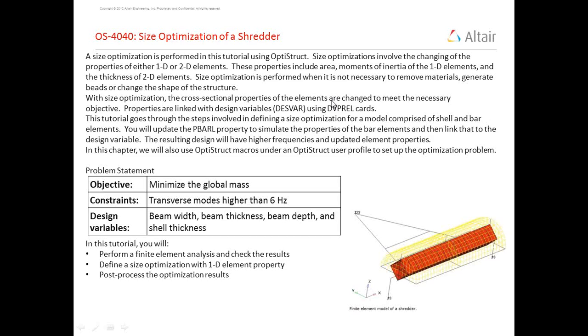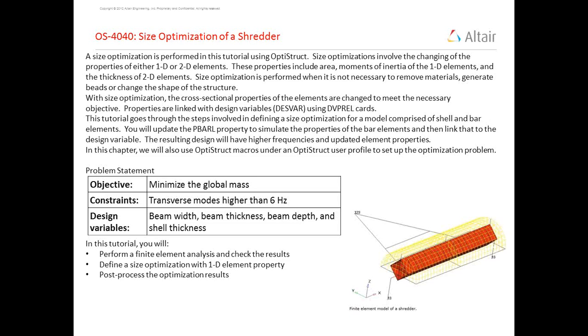With size optimization, the cross-sectional properties of the element are changed to meet the necessary objective. Properties are linked with a design variable, that is DSVAR, using DVPREL card, that is design variable property relation card.